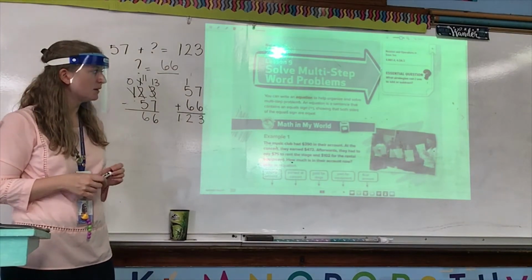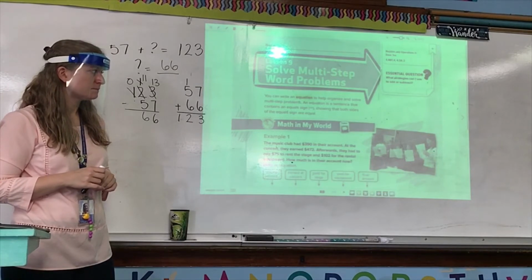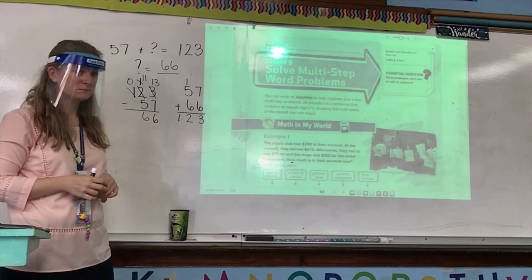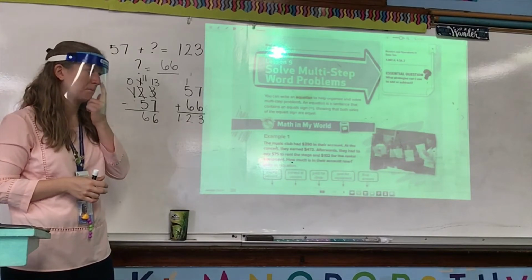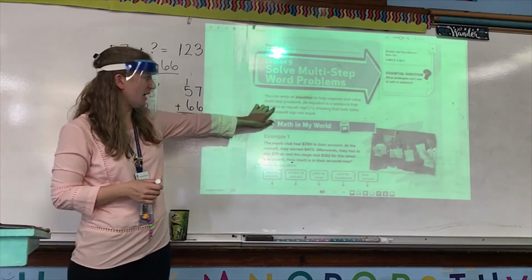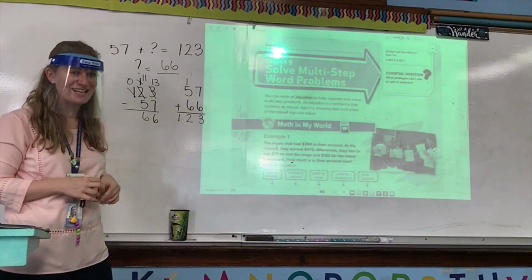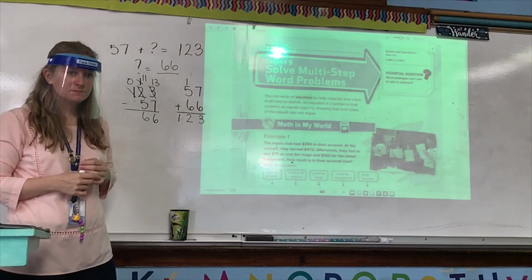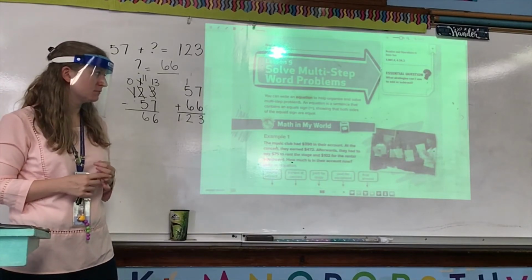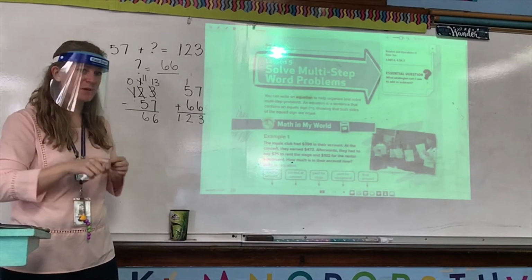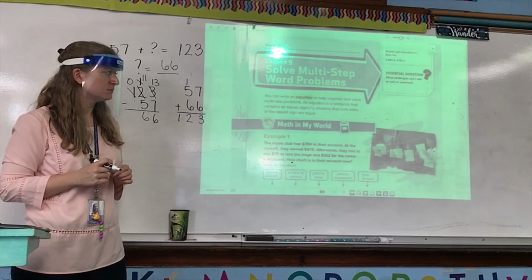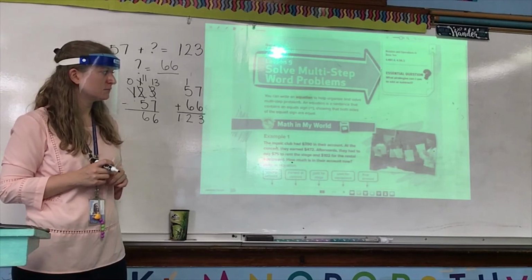You can write an equation to help organize and solve multi-step problems. An equation is a sentence that contains an equal sign, showing that both sides of the equal sign are equal.